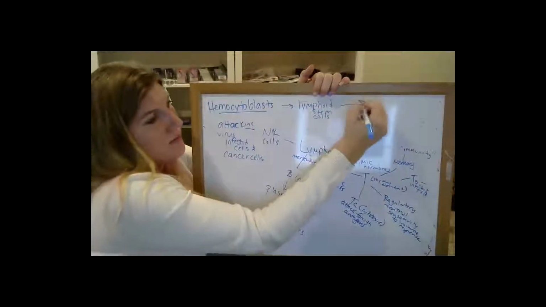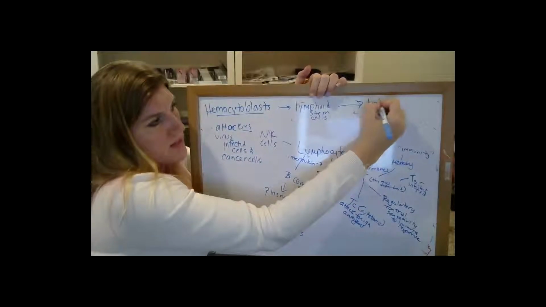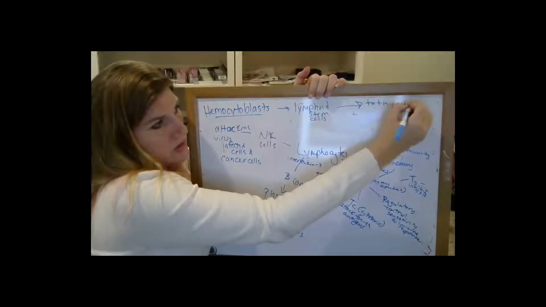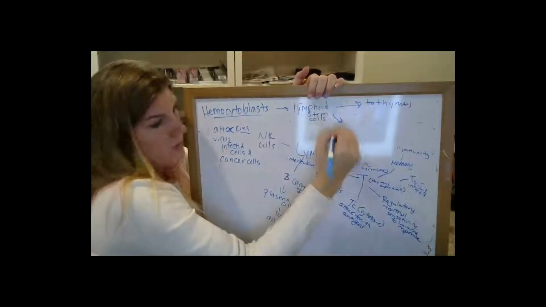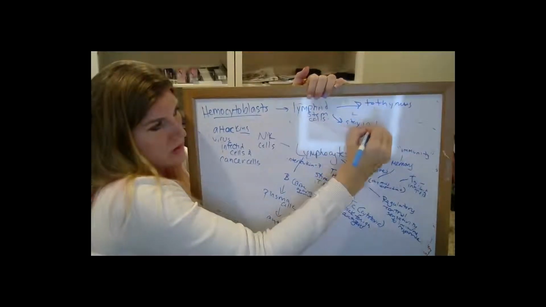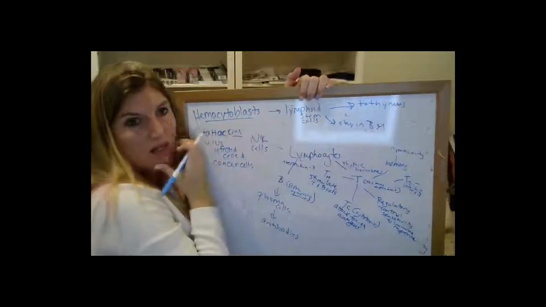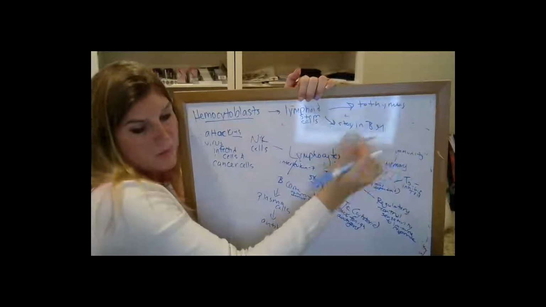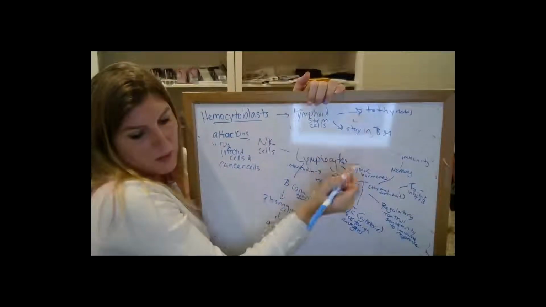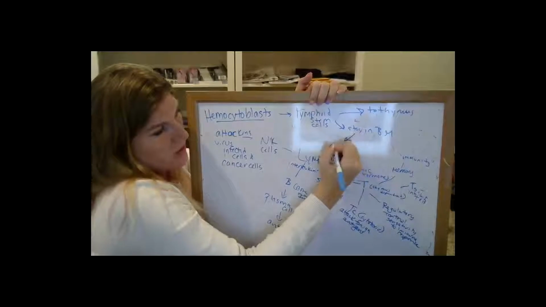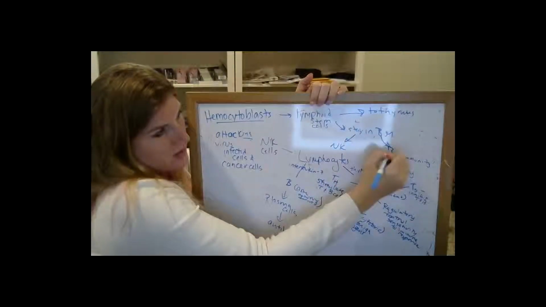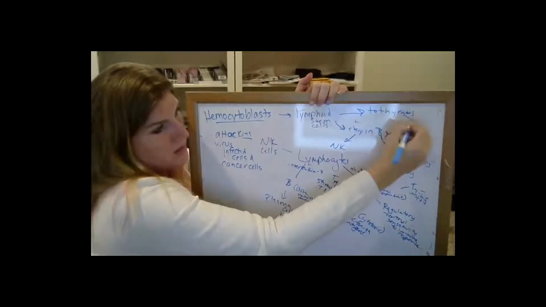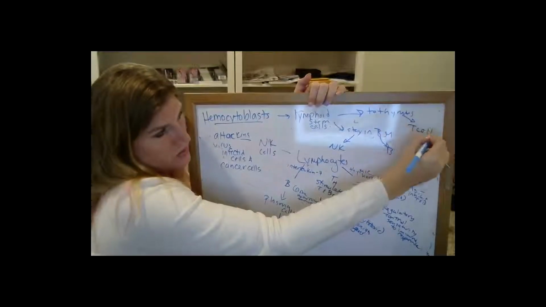And some of those lymphoid stem cells go to the thymus, and some of them stay in the bone marrow. I'm just going to write stay in BM because I'm running out of room. Bone marrow, stay in BM. And when they stay in the bone marrow, they can mature into natural killer cells or B cells, and these cells are going to become our T cells.